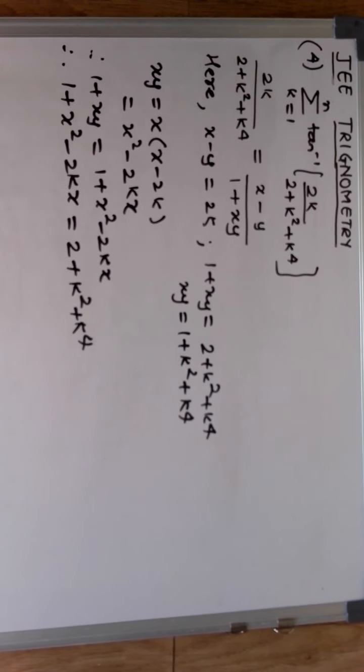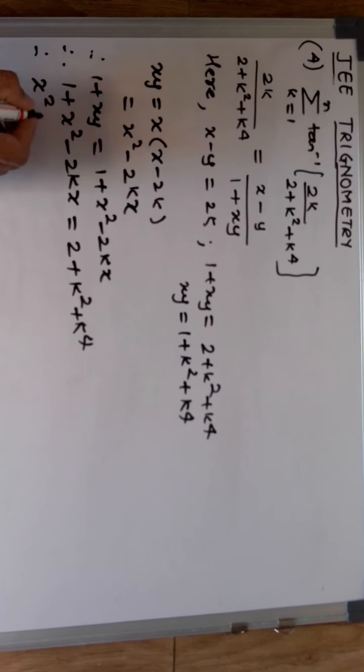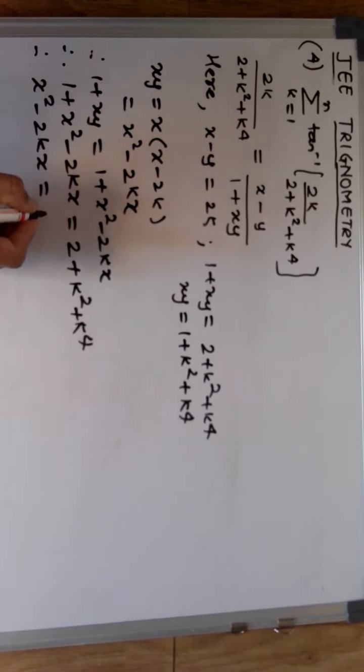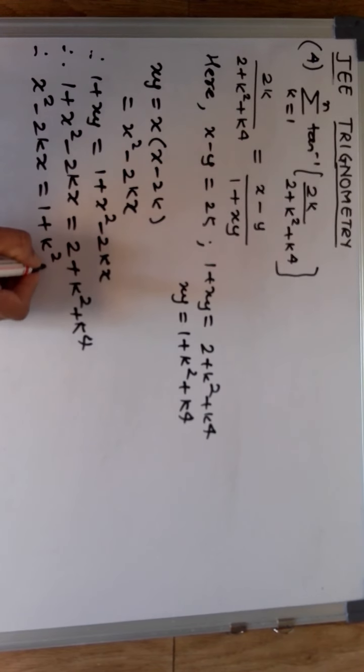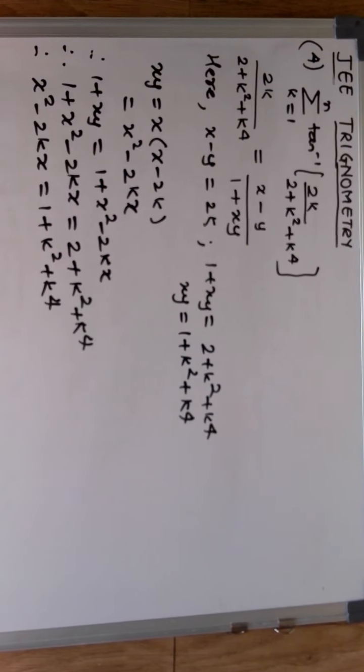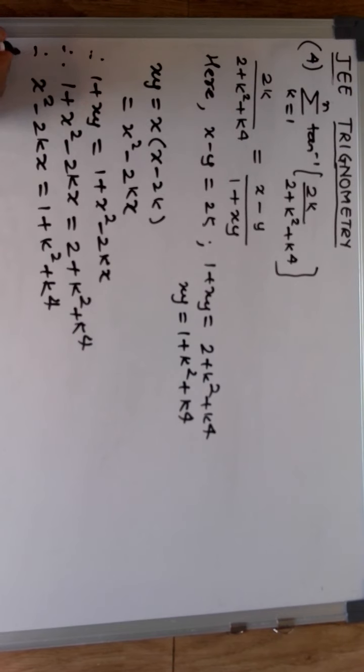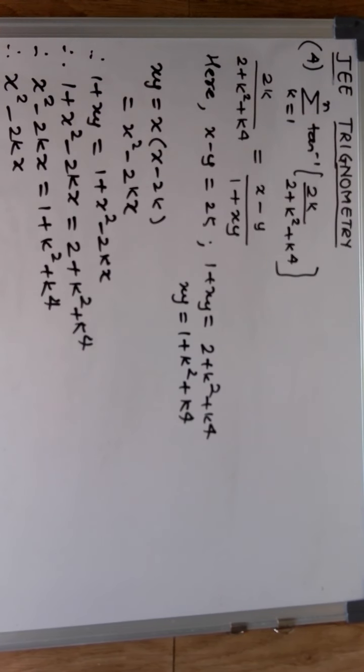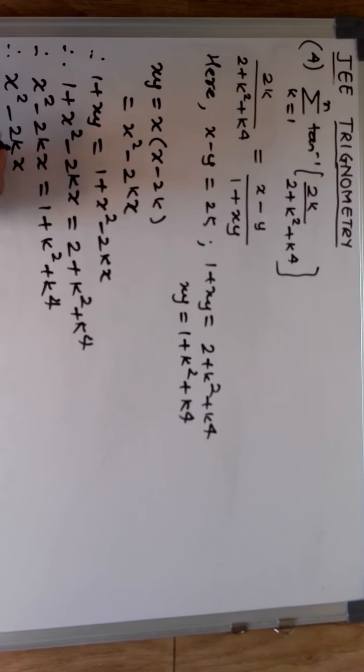So now this will be equal to x square minus 2kx is equal to 1 plus k square plus k raised to 4, right? So to make it a whole square, x square minus 2kx, you can see the 2ab term is there. The missing term I will write first. x is there, k is not there, so I am bringing this k here. So this will become equal to, let me check it.